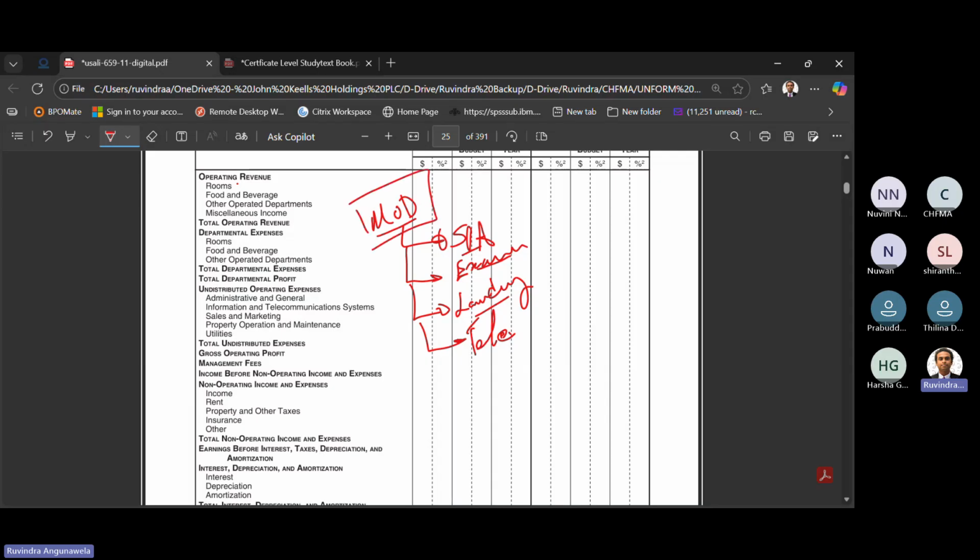So like I said, spa, different excursions provided by the hotel, the laundry operation, they charge the guest for the laundry, and of course they do incur expenses to do that laundry. And then, like I said, telephone and telecommunication systems. If you charge the guest for Wi-Fi, then it becomes a mine operating department under telecommunication and systems, if you're charging.